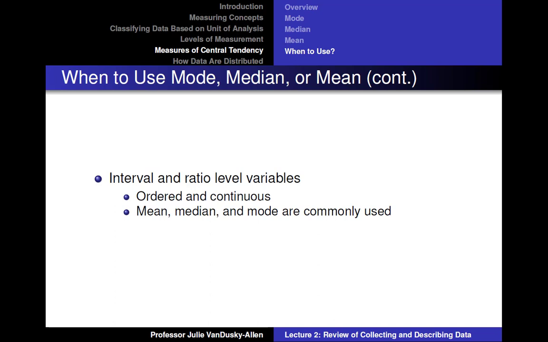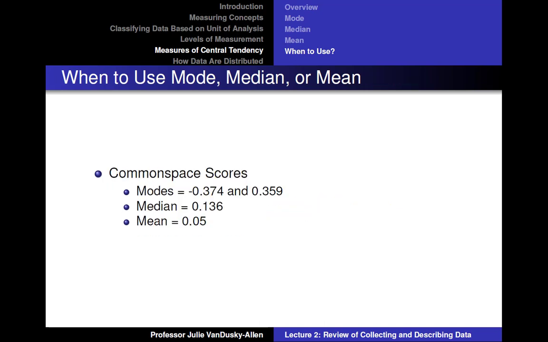Next, recall that interval and ratio level variables are ordered and continuous. Hence, we can use either the mean, median, or mode to describe the typical value of these types of variables. Now, going back to the common space scores example, recall that the common space scores are ordered and continuous. They do not have a true zero, though, so common space scores are interval level.